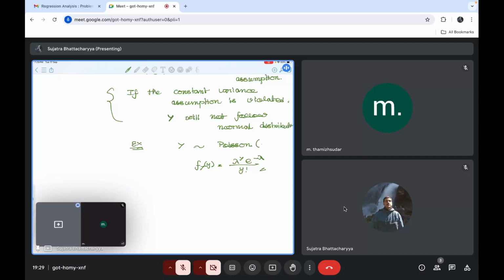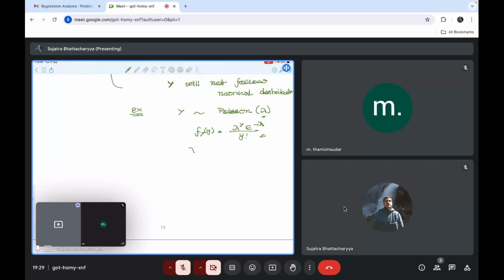So this is your PDF kind of thing. It's a Poisson distribution having parameter lambda, where lambda is actually the expected value of y. So the mean is lambda, and the variance is also lambda. So the variance of y is also lambda. If you remember the Poisson distribution, this is how it happens. Okay.